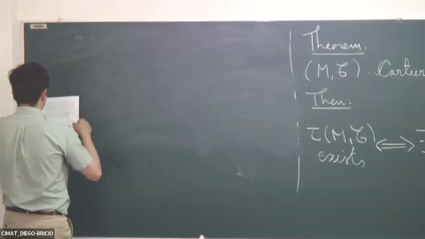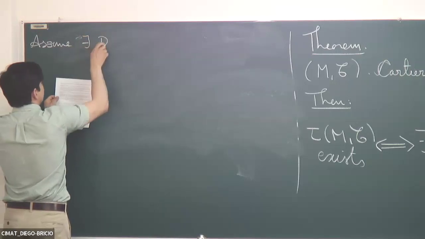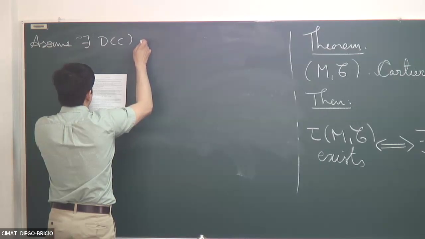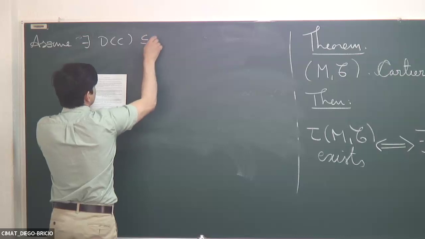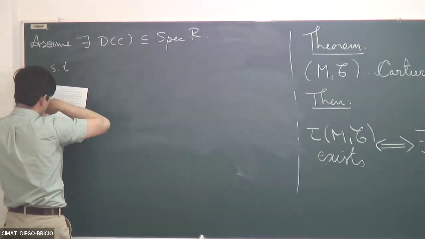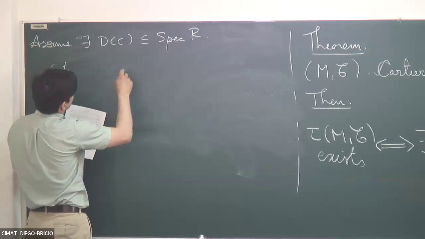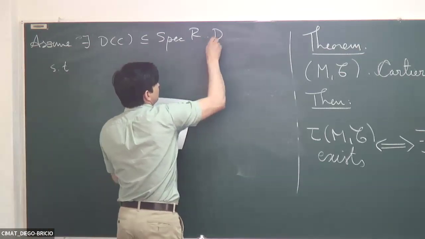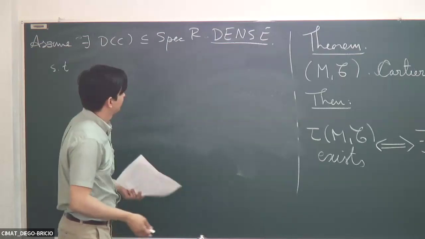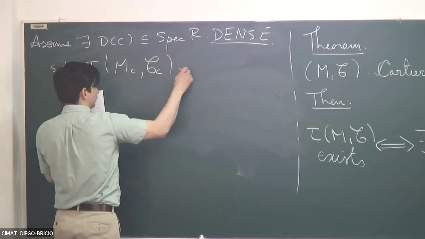Assume there is an open neighborhood such that, well, now with this reduction, all we can do is assume that there exists a dense open, meaning that it contains every minimal prime of R, such that we have that the pair M, C is generically F-regular.